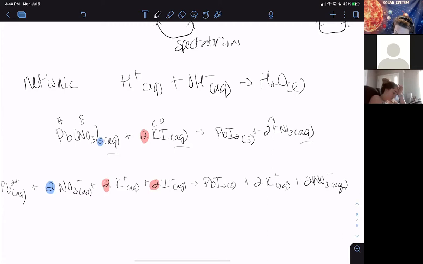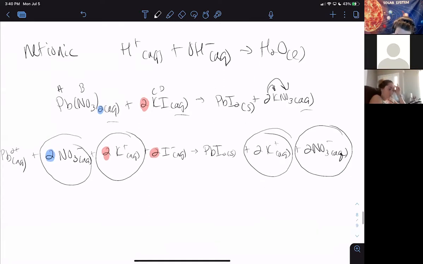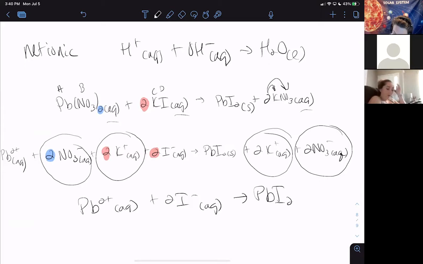So again, having that apply across to both of them. So anything that's a spectator ion, same on both sides, is going to be canceled out in the net ionic. Okay. So, any questions about this?